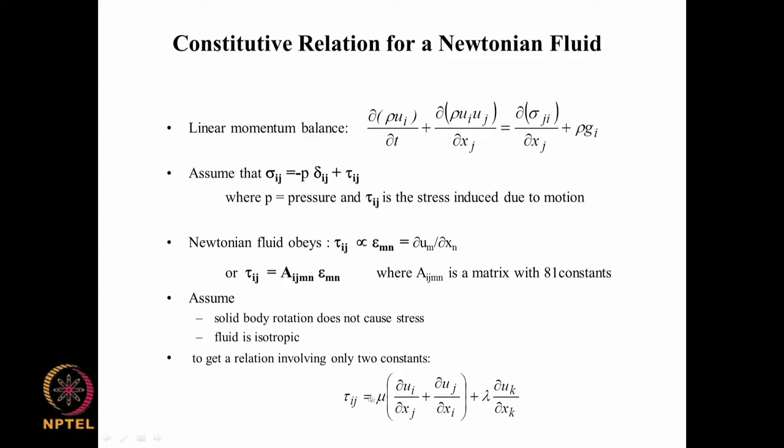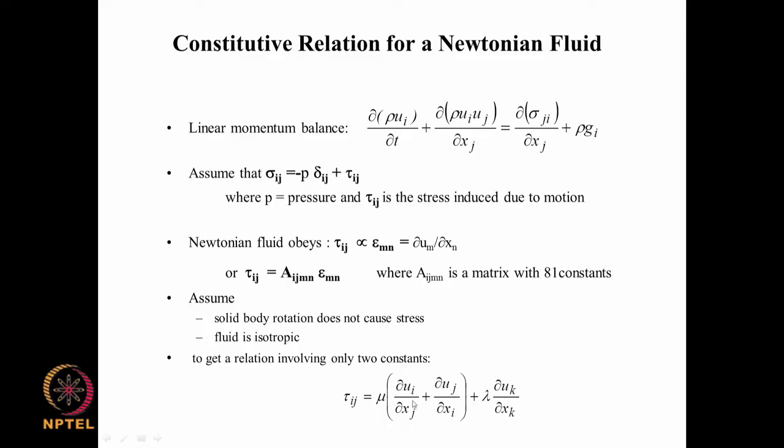the stress versus distortional strain rate relation can be expressed in terms of only two independent constants, which we call μ and λ, and the relation can be expressed as τ_ij given by μ(∂u_i/∂x_j + ∂u_j/∂x_i) plus λ times ∂u_k/∂x_k.